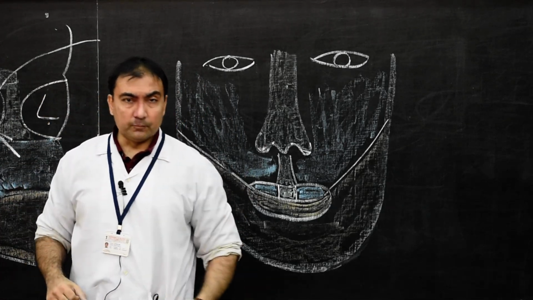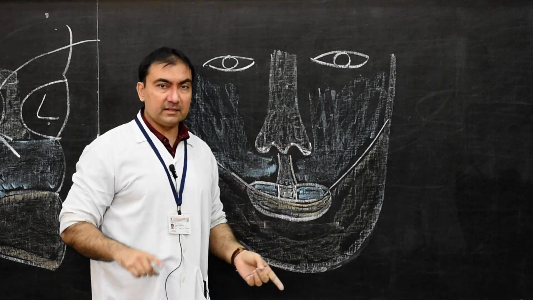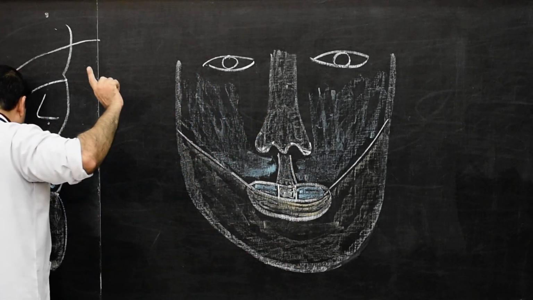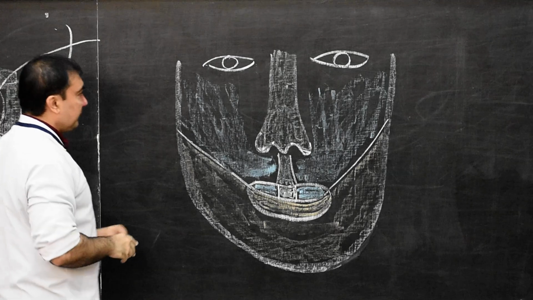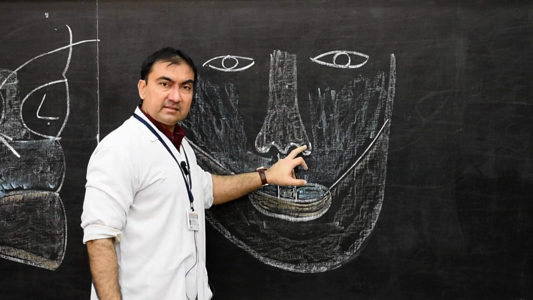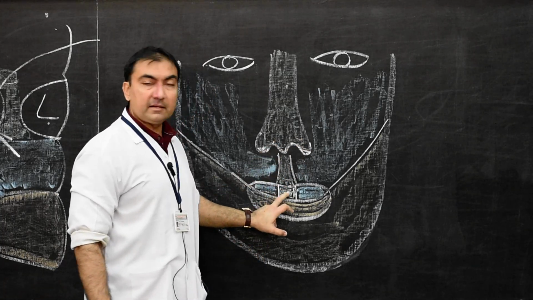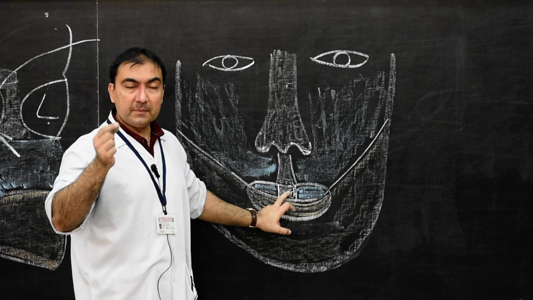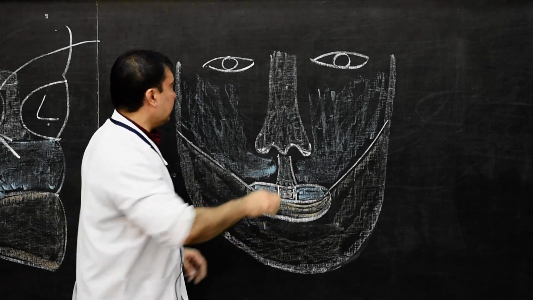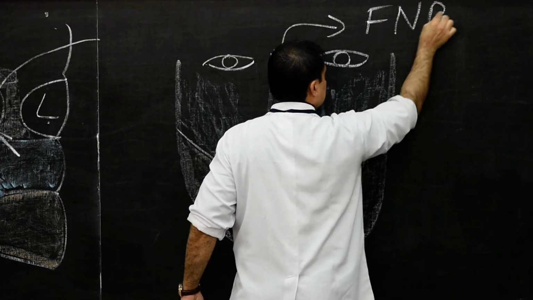Now, please note down. Therefore, according to this diagram, point number 1, the frontonasal process will develop into dorsum of the nose, nostrils, ala of the nose, the philtrum, and the central part of the upper lip and premaxilla. That will be our frontonasal process.